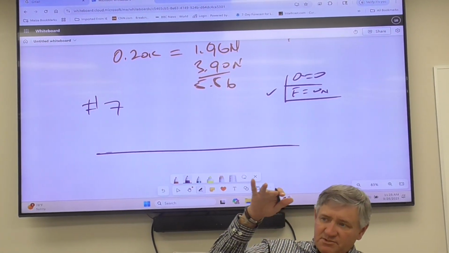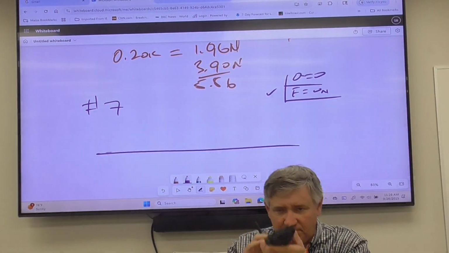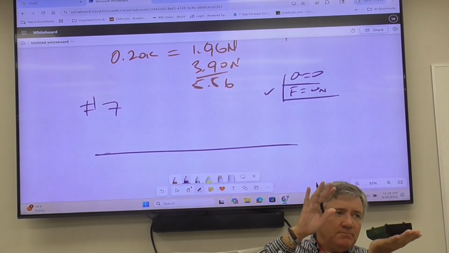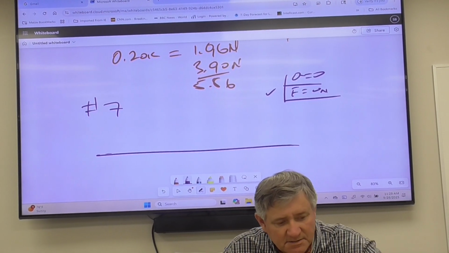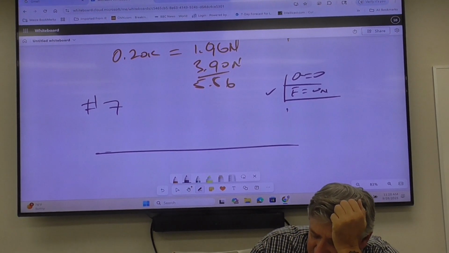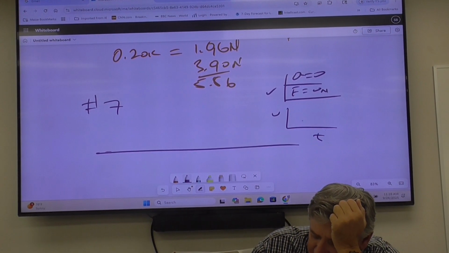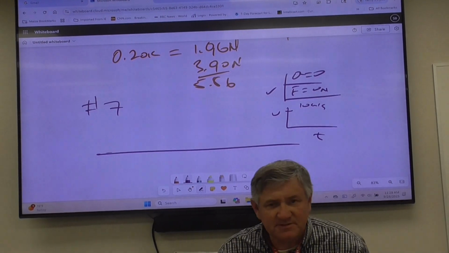So your car is driving along. You're moving at 10 meters per second. Here's your car, right? Boom, moving at 10 meters per second. Whoa, going to hit the brakes, going to stop. So even though you don't have to, it's handy in this situation to look at your velocity time graph. You're starting off at 10 meters per second.